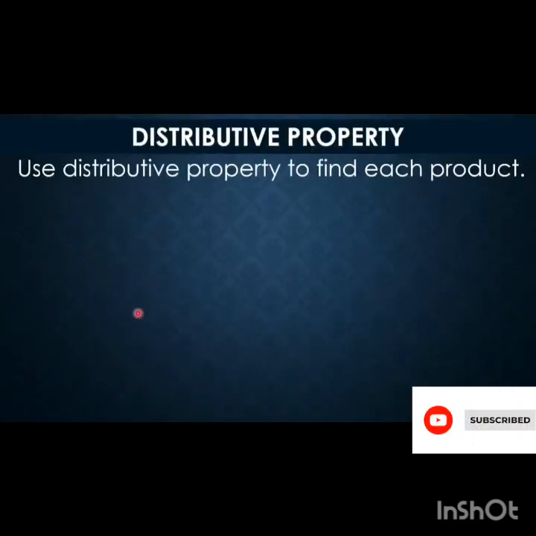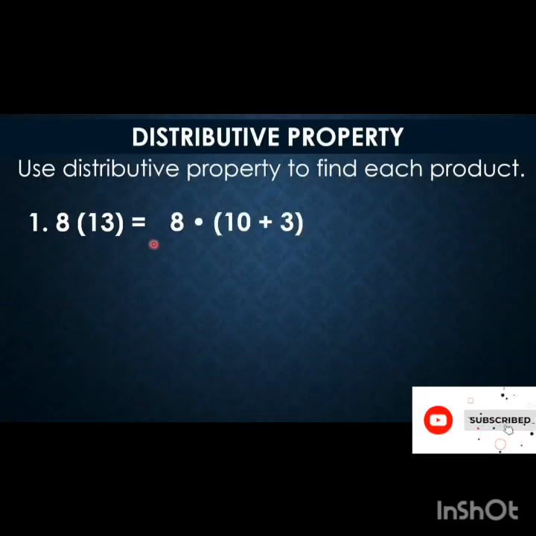Using the distributive property to find each product. Let's see. First, 8 times 13 is equal to, by distributing the numbers, 8 times 10 plus 3.